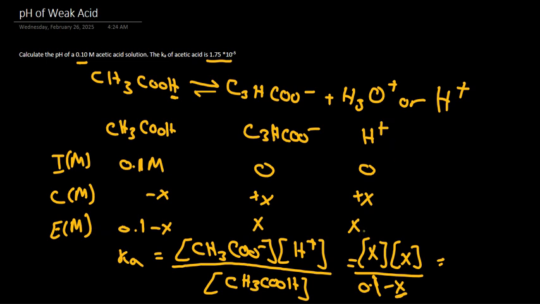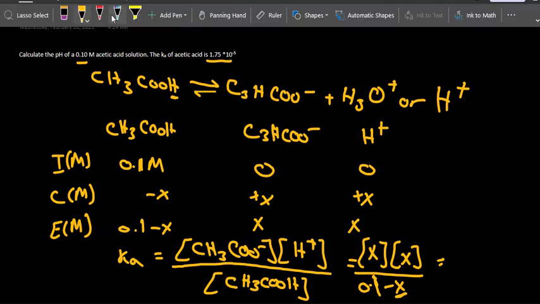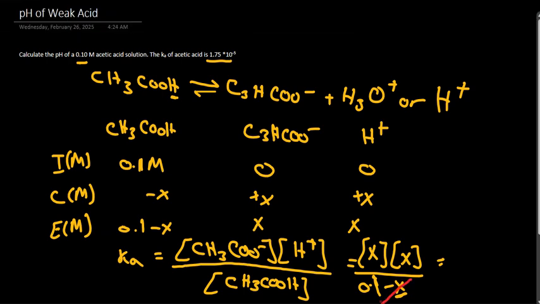So we're going to cancel out the minus x and assume by approximation that minus x is very small compared to 0.1, so we don't have to struggle with the quadratic formula.